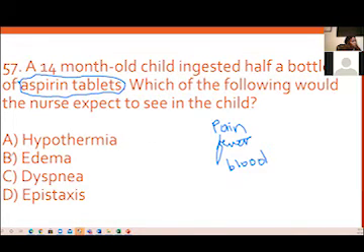So we can cross off dyspnea. One of the things with dyspnea is that the patient will be exhibiting signs and symptoms, and dyspnea can be caused by any respiratory issue.